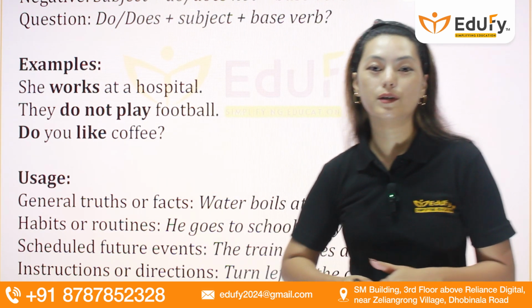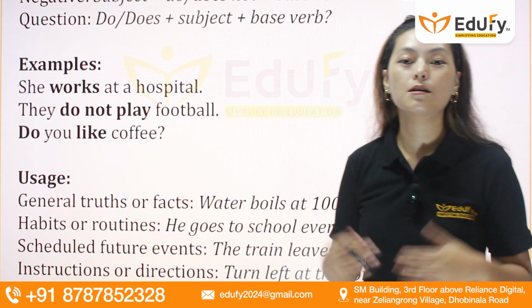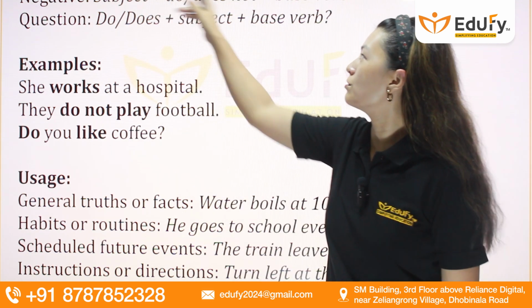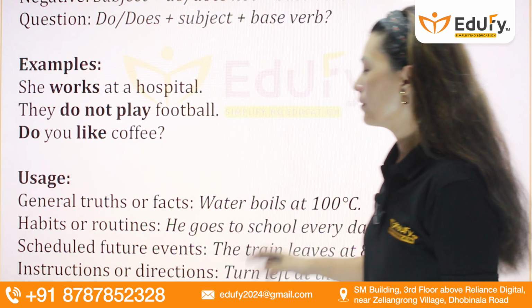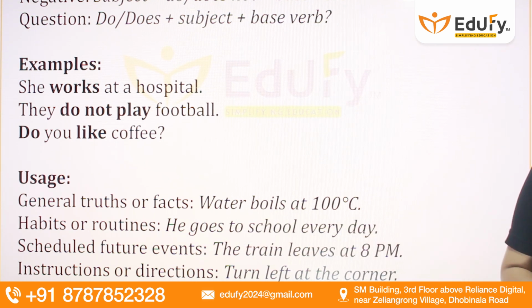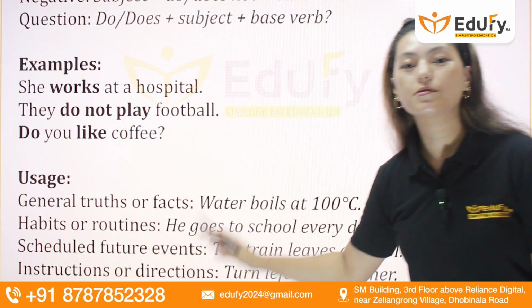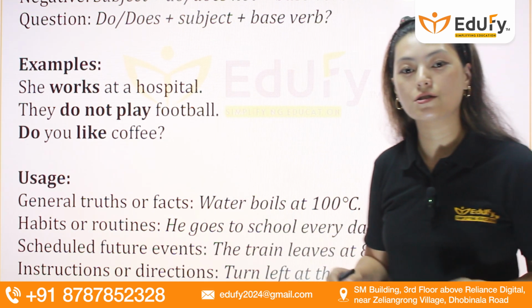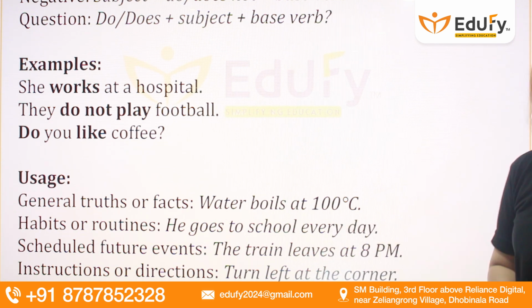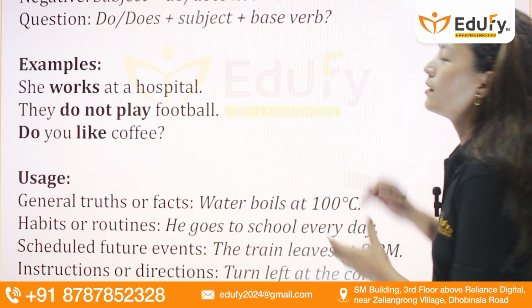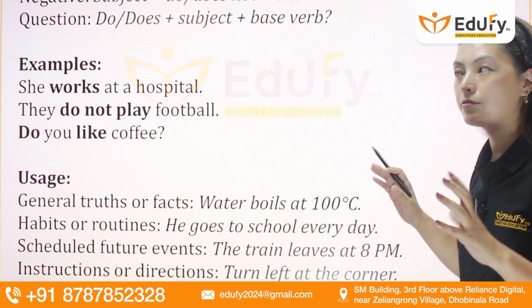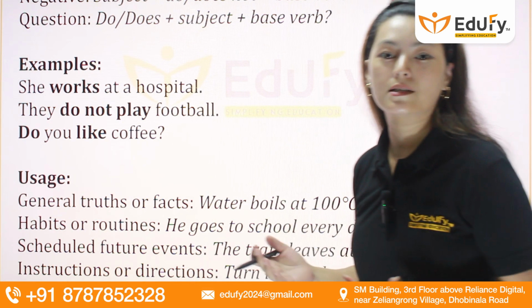So if you're confused whether this is a future or a present tense, you can look at the structure, and through the structure you will know that this is a simple present tense. Next, we have instructions or directions. When we have sentences that give us instructions or directions, you will consider them as a simple present tense as well. So with this, we understand and we have a clue about what simple present tense is.